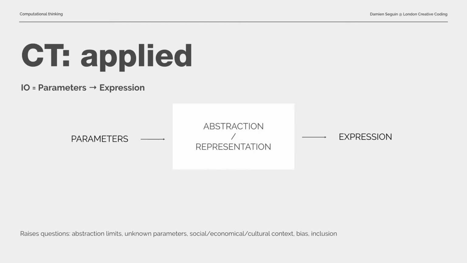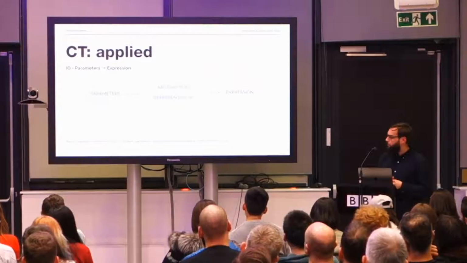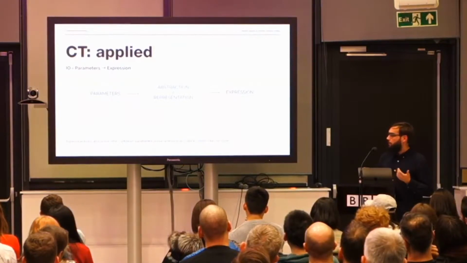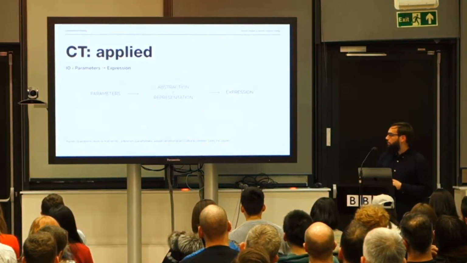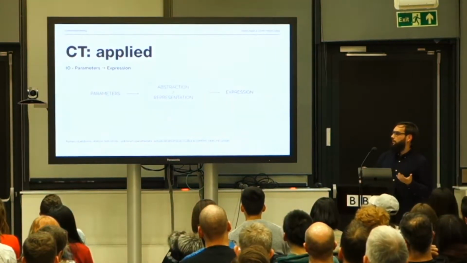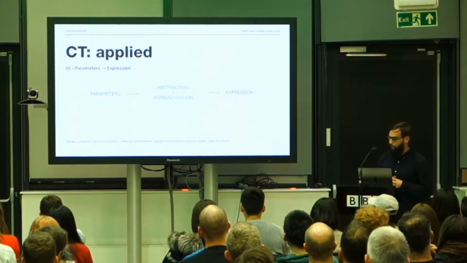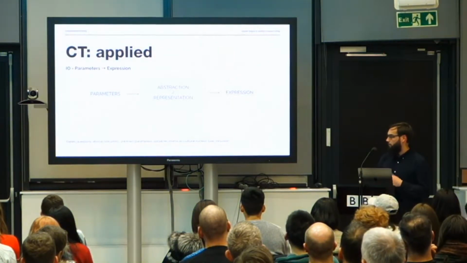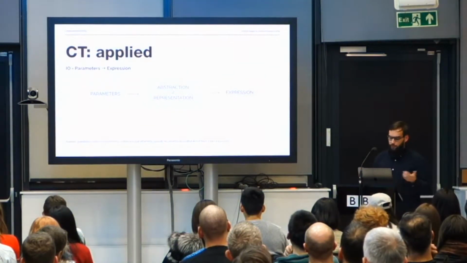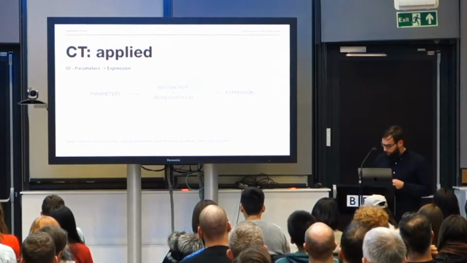And this process naturally triggers interesting questions, such as: how much abstraction is too much? What do I do if I don't know all the parameters? Is my expression biased? Am I inclusive enough? What is the social, economical, cultural context of my expression?